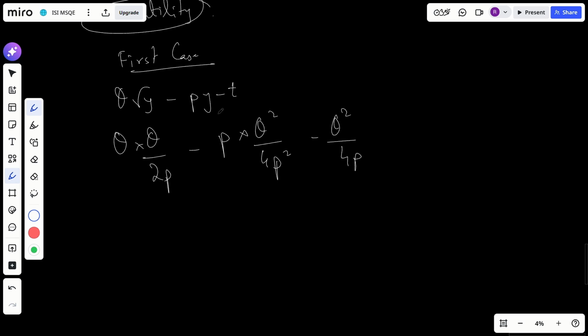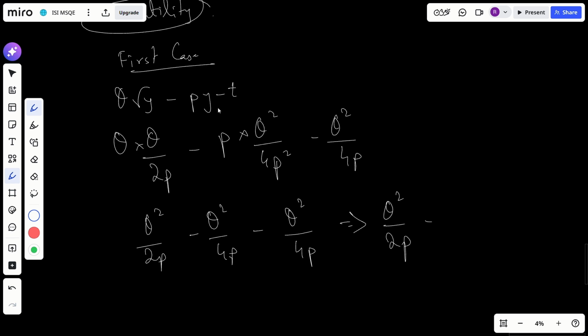So this becomes theta square by 2p minus theta square by 4p minus theta square by 4p, which gives theta square by 2p minus theta square by 2p. So in this case our consumer surplus is 0.